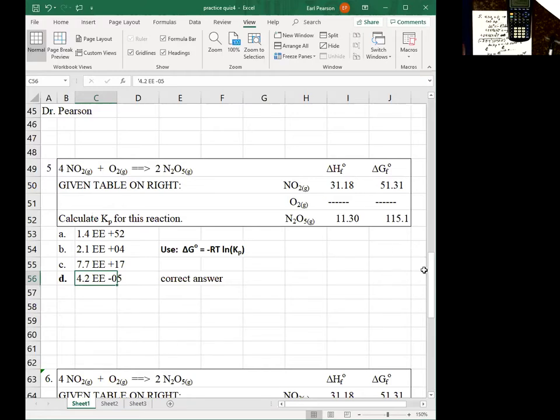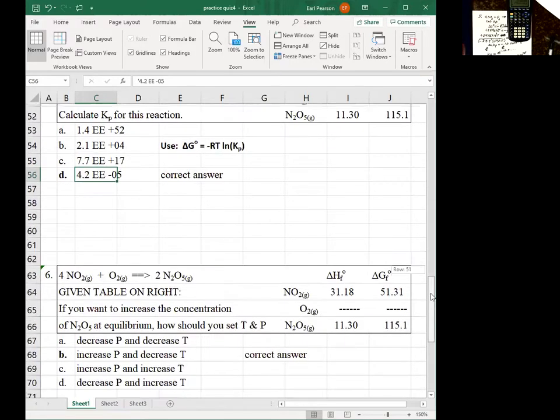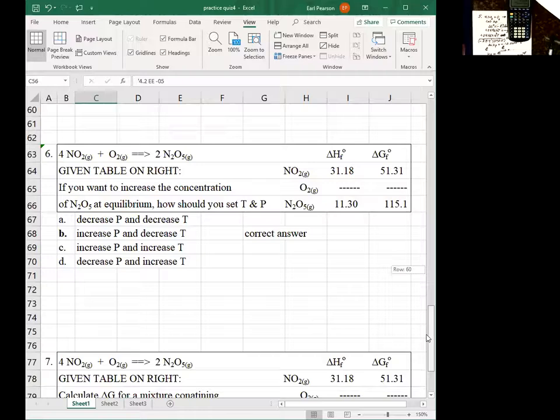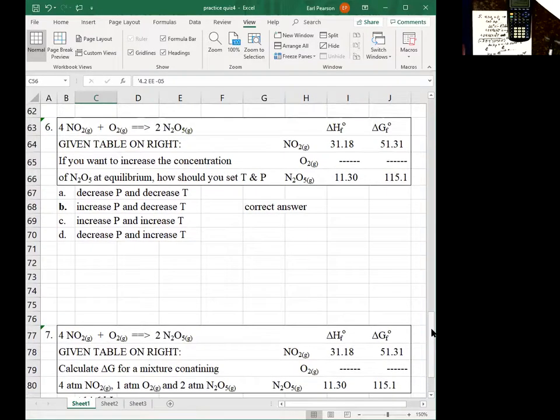Let's do number 6. Okay, so number 6, again, we've got the same reaction taking place. So let's get this one so we can solve it. I need to stop sharing here and go back over here.